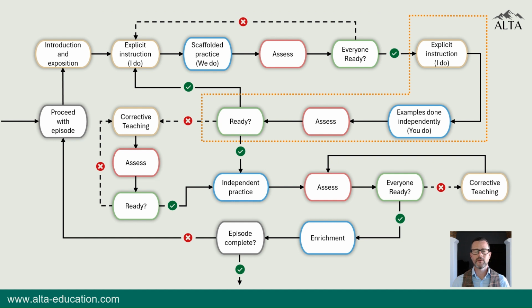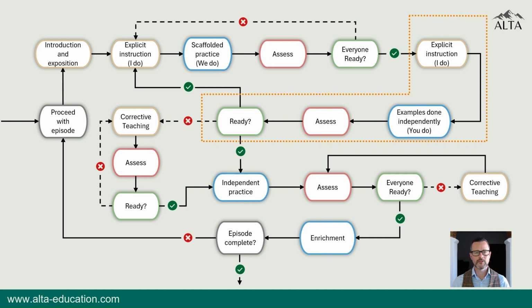Whilst that's going on, a responsive teacher would be continually assessing and looking at all of the students in the group to see how well they were picking up this new idea and what they were producing. Again, this may well be done on mini whiteboards, and then there's a great opportunity for a responsive teacher to get a whole class response and to make a decision about whether the group is ready to move on.